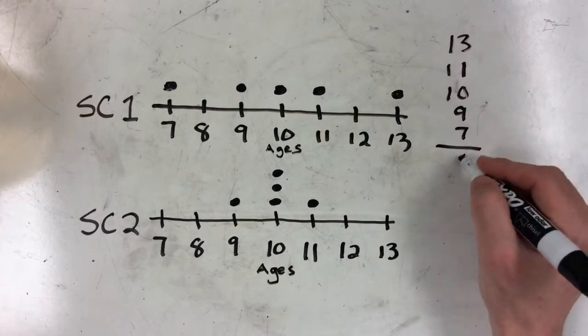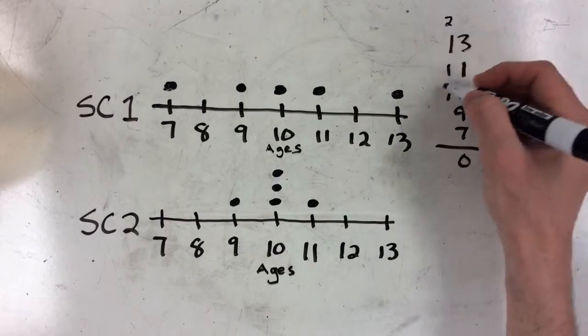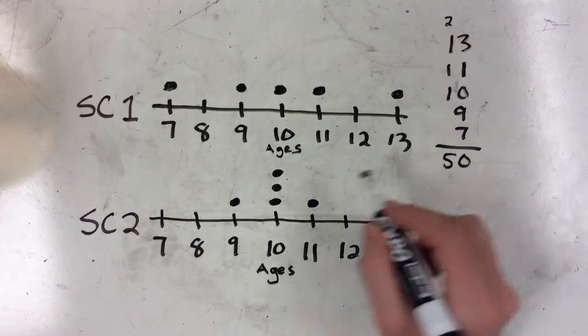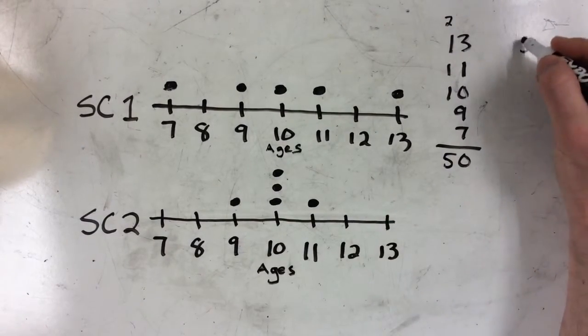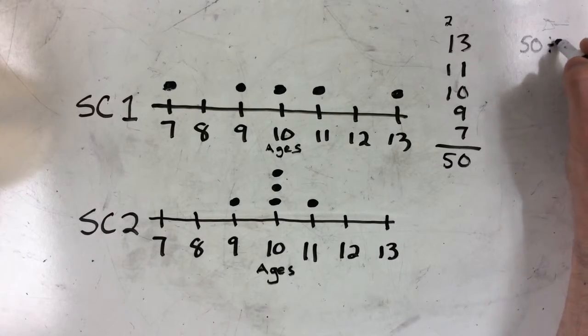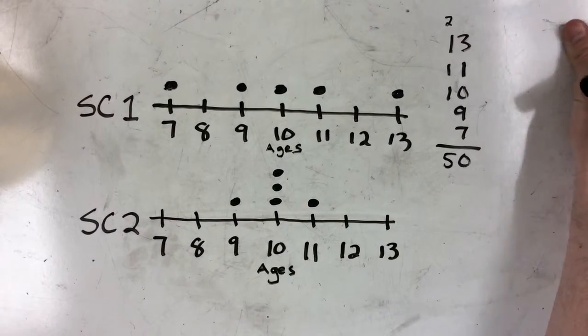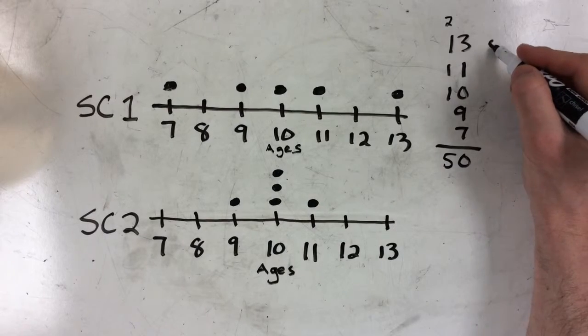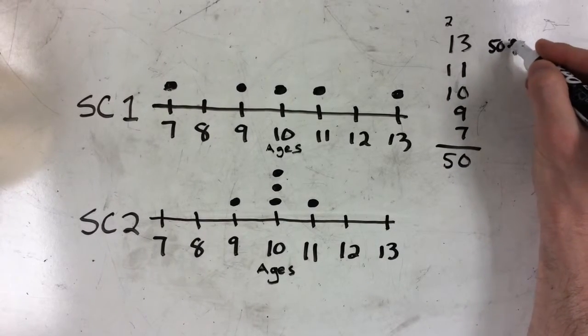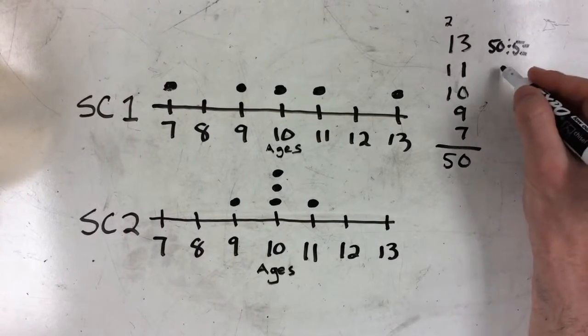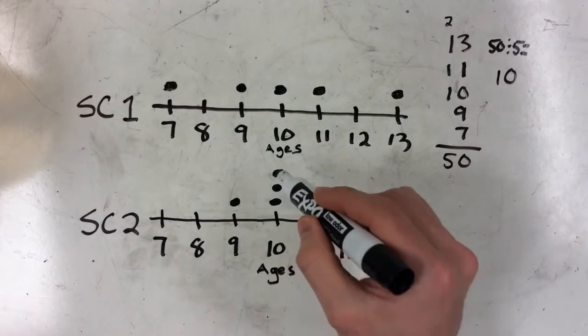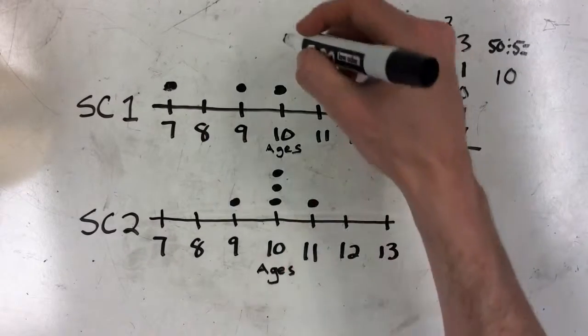That's 50. Now we take 50 and divide it by 5, and we get 10. So the mean of this data set is 10.